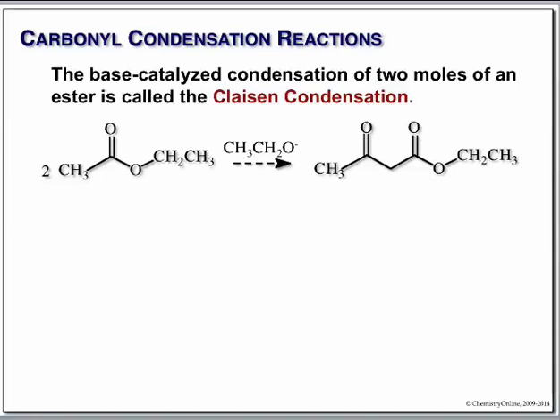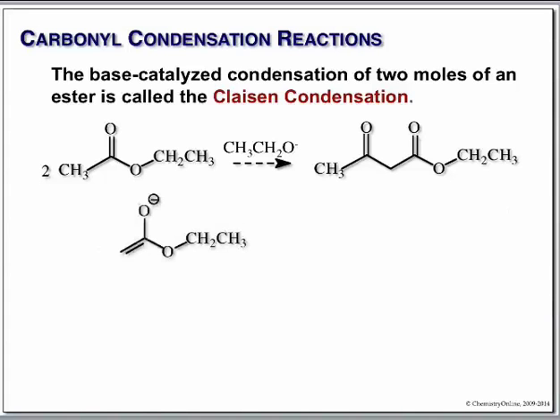Step 1, we're going to take this and enolize it. The enolate anion is our nucleophile. This anion is going to collapse, electrons move up, and attack the second mole of ester.